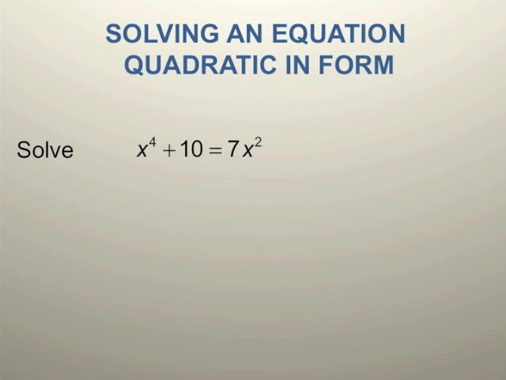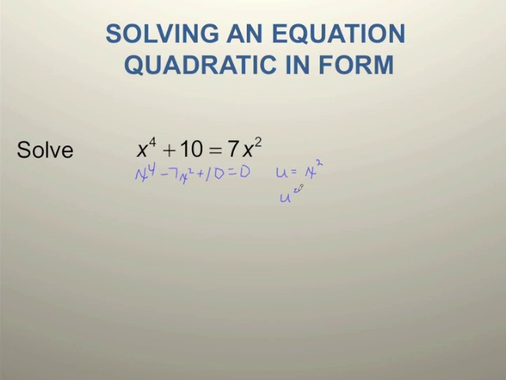Solve this equation. First thing we're going to need to do is get it in form equal to 0. So we'll get x to the fourth minus 7x squared plus 10 equals 0. Now I'm going to substitute. I'm going to say u is going to equal x squared.